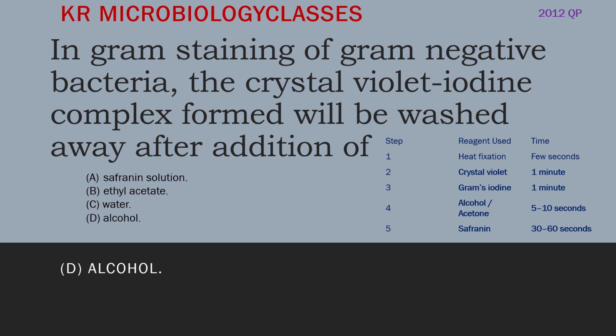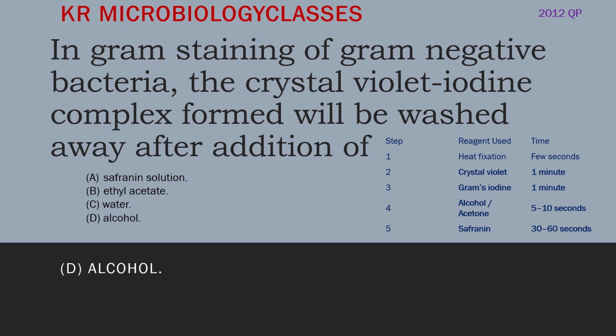Please look at it. Step one, we fix the smear by the heat fixing process. Step two, we pour crystal violet solution and wait for 1 minute. Later, we wash under tap water, pour gram's iodine, wait for 1 minute, and remove it. Then we put alcohol or acetone and wait for 5 to 10 seconds. Later, we put safranin and wait for 30 to 60 seconds, right?